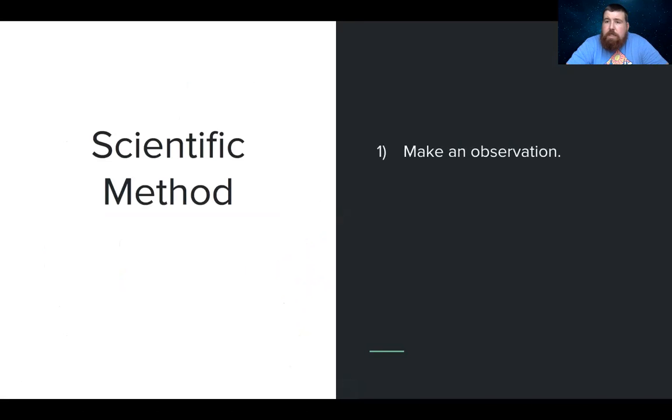So the scientific method is a few steps. First, once again, you're going to make an observation. This observation is going to be qualitative or quantitative. After you do that, you're going to be trying to explain why the thing that occurred in nature occurred. You usually are going to be stating a hypothesis. And a hypothesis is a guess you can test. It is some sort of explanation for the observed phenomenon.